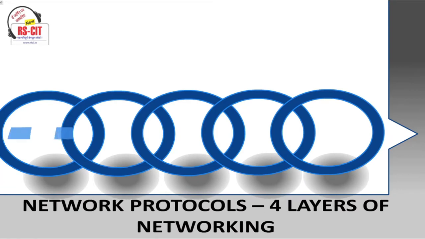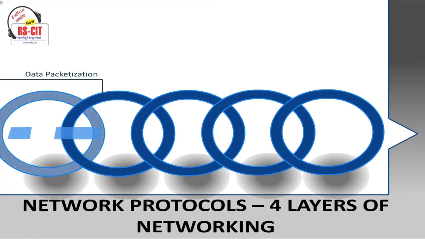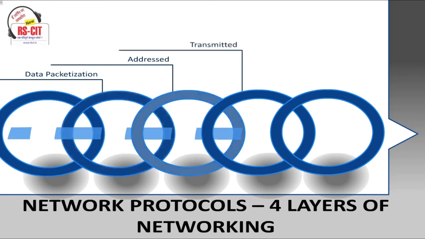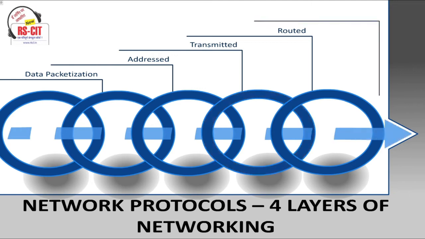Network protocols. 4 layers of networking. The Internet Protocol Suite is the computer networking model and set of communications protocols used on the Internet and similar computer networks. It is commonly known as TCP/IP, Transmission Control Protocol, that is TCP, and the Internet Protocol, IP.